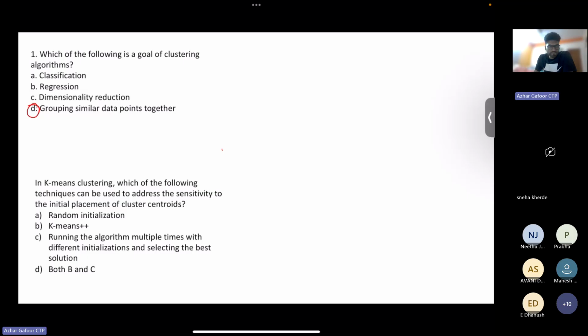Sir, is it C? C is the correct option. Actually, B is also a correct option. So D. Yeah, D is the actual answer.